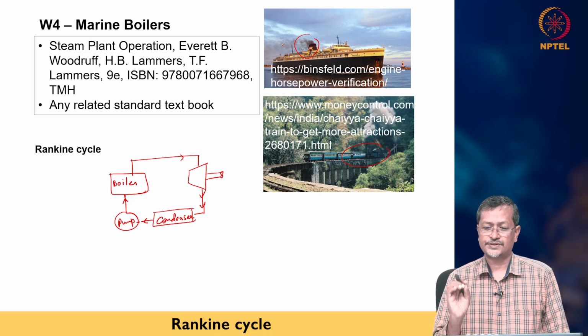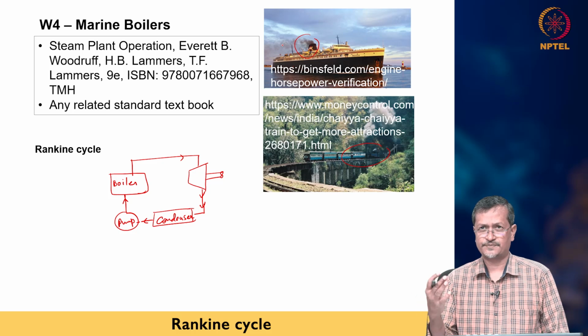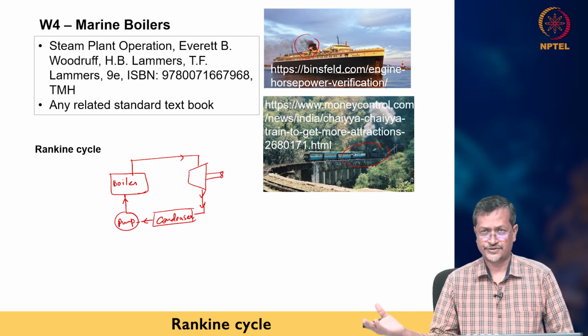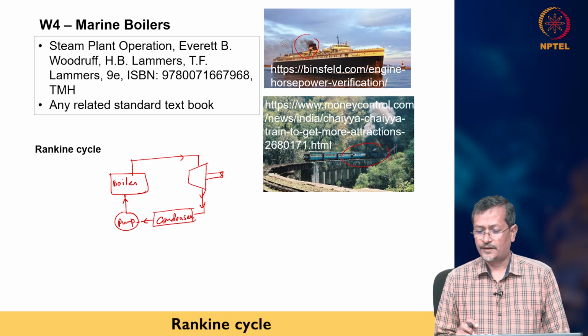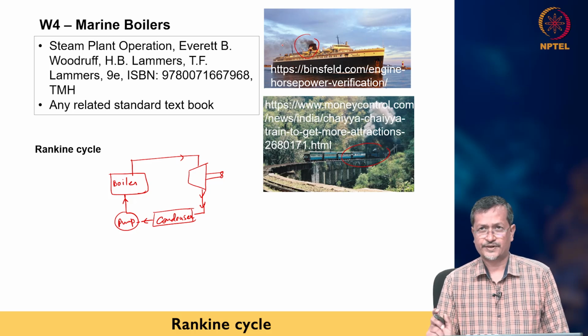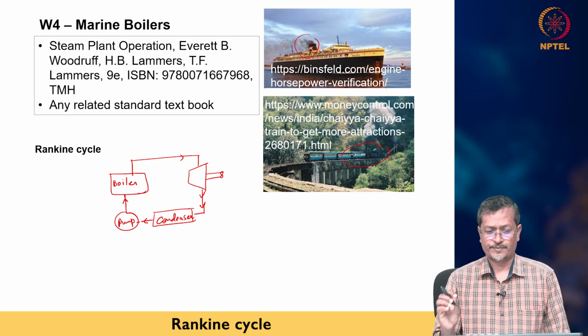Now those steam engines are being replaced by diesel and other operated engines. And if you see trains in India, previously all trains were run by steam engine. Now gradually those were replaced, and now only heritage trains are there which are run by steam turbine systems.